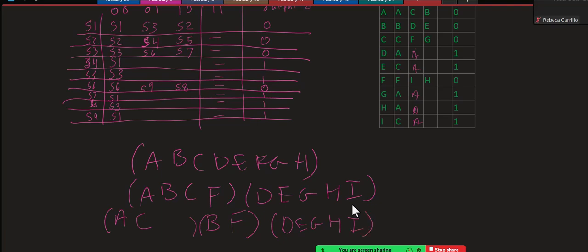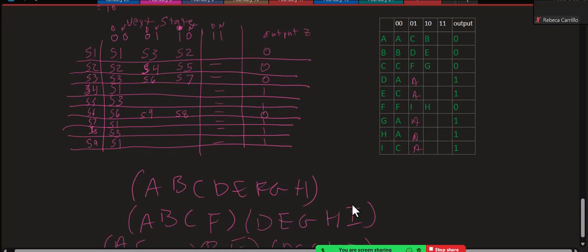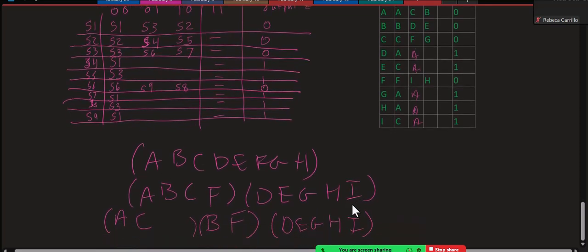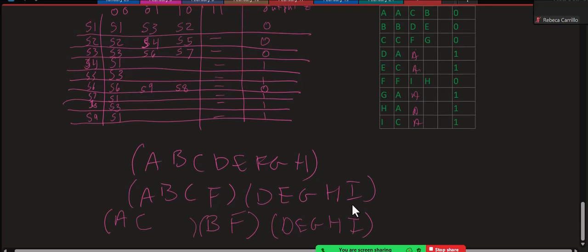So now let's look at 1, 0. A goes to B and C goes to F, that's fine. B goes to E and F goes to I, so that's fine. No, F goes to H. Wait.